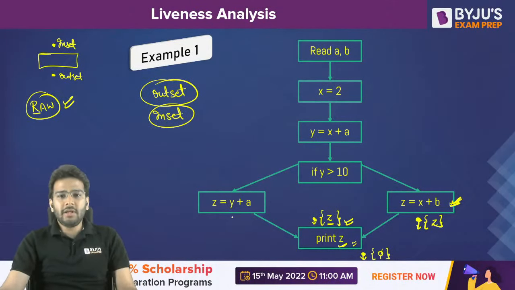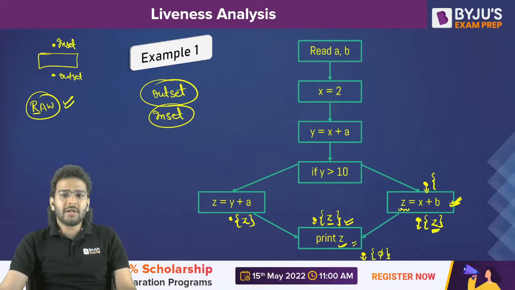Clear? Similarly here, the outset of this one is going to be Z only. Now carefully see, what will be the inset? At this point in the program, what are the live variables present? If you look downwards, you get Z, but before you read this Z, you are writing into it. So that is not allowed.